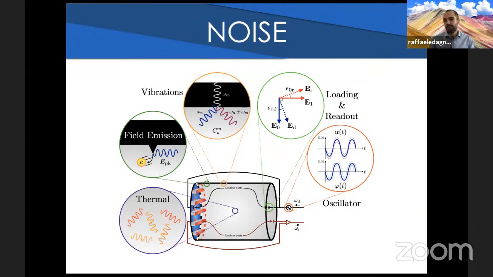Schematically, we have the following noise sources. We have thermal noise like everyone else, both in the cavity and in the readout system. Then, since we're turning on a big oscillating electric field in the cavity, we also have field emission. So there can be electrons that are stripped off the walls and then radiate photons inside your cavity and populate the signal mode.